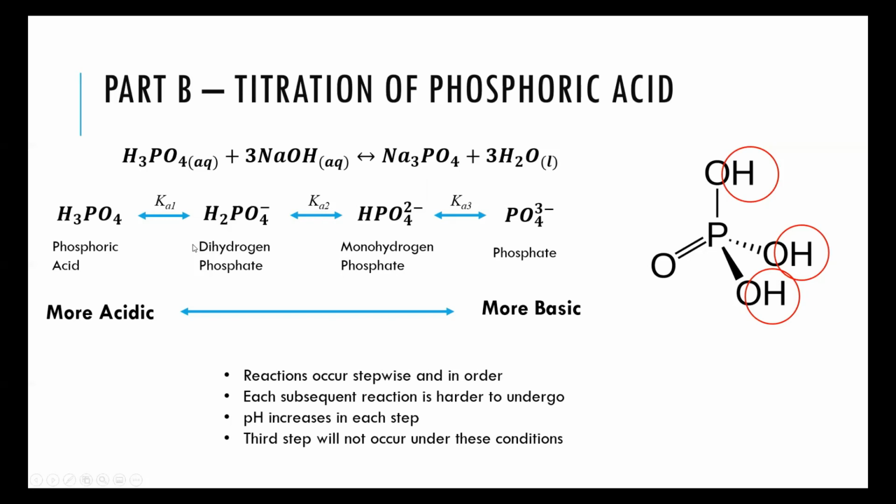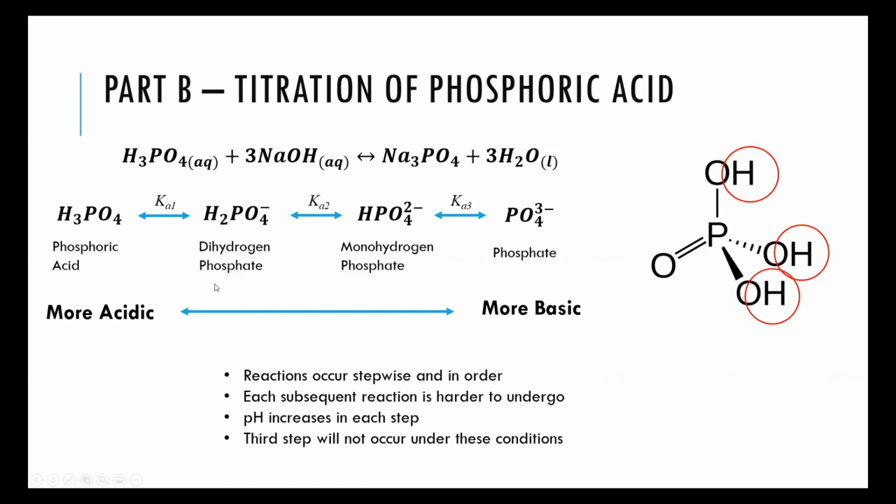Using your graph, you can determine what the equivalence points are for these two steps. You can determine what sort of indicator would be appropriate to use in each of these individual titrations, or to determine when the equivalence point is reached.